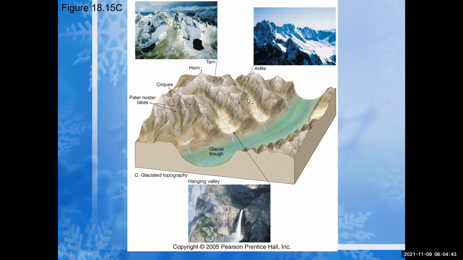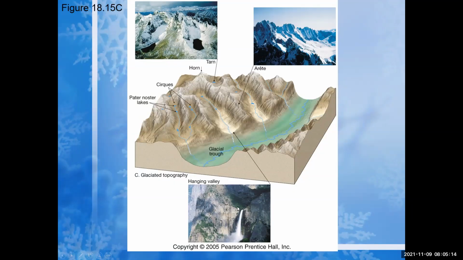These contributing glaciers, being less significant than that main glacier in terms of their size, the canyons that they erode will typically not be as deep as the canyon from the main glacier, which means that these canyons can sit up kind of high in the landscape adjacent to this main glacial trough, which results oftentimes in waterfalls that can come out of these U-shaped valleys.